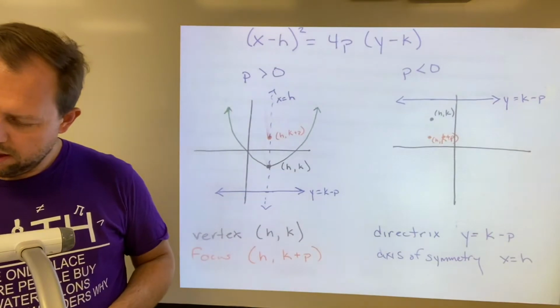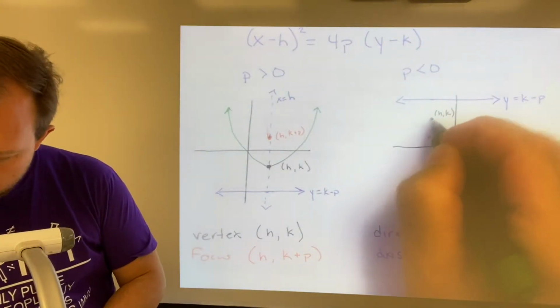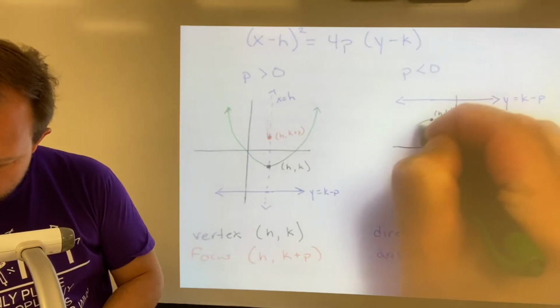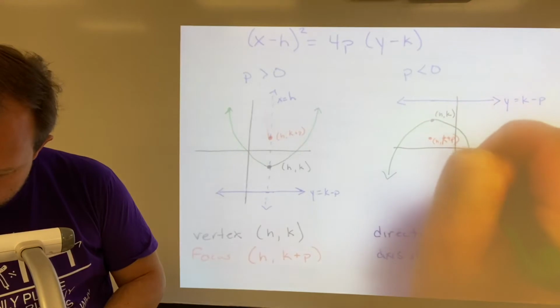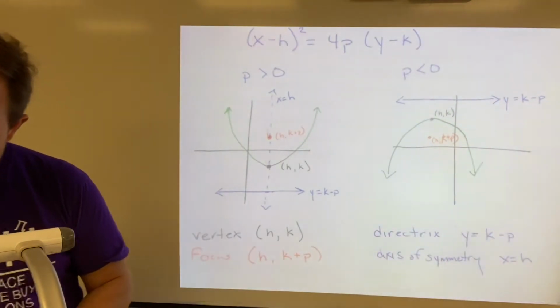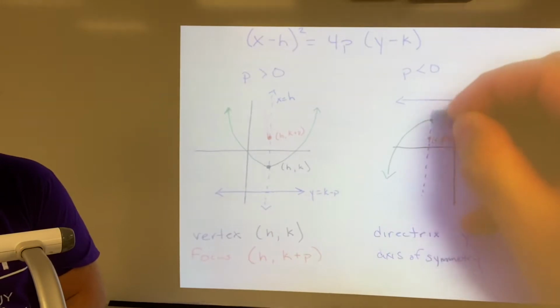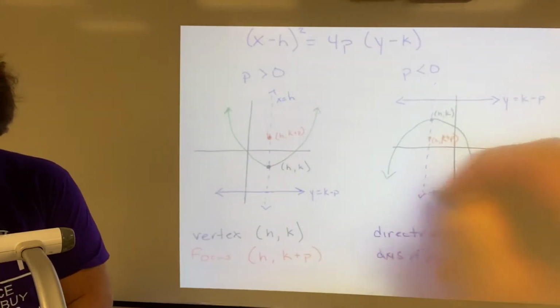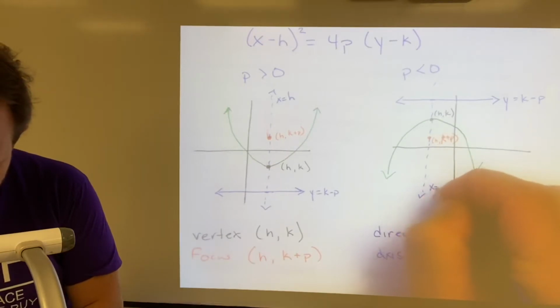And so when we draw in our parabola, it's going to head down. And the axis of symmetry is x equals h.